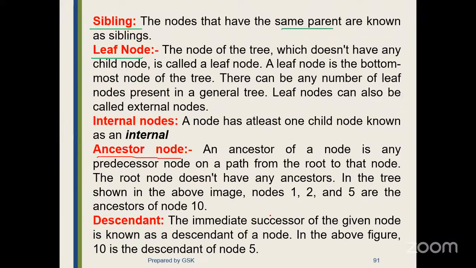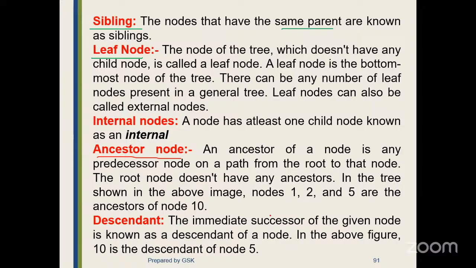Ancestor node. An ancestor of a node is any predecessor node on the path from the root to the node. The root node doesn't have any ancestors because the tree starts with the root node only. There are no ancestors for the root node.